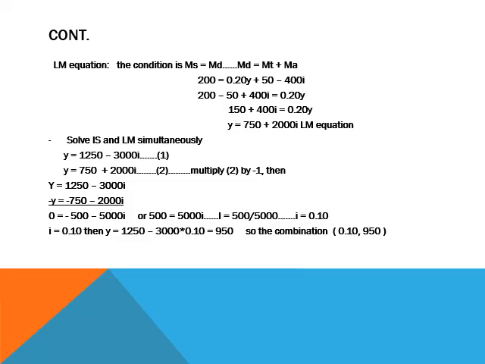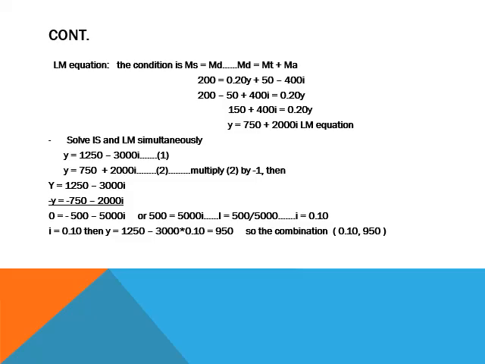This combination is responsible for making equilibrium in both markets, or the intersection point between the curve of IS and LM. Also 950 is the intersection point between the curve of IS and the curve of LM.